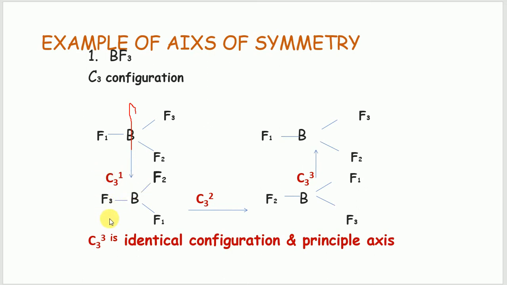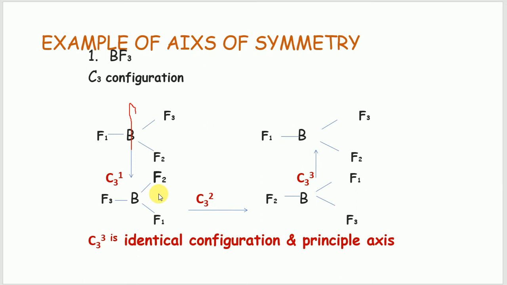Then it is an indistinguishable configuration. In which way is it indistinguishable? At the place of fluorine, you will find fluorine. At the place of boron, you will find boron.